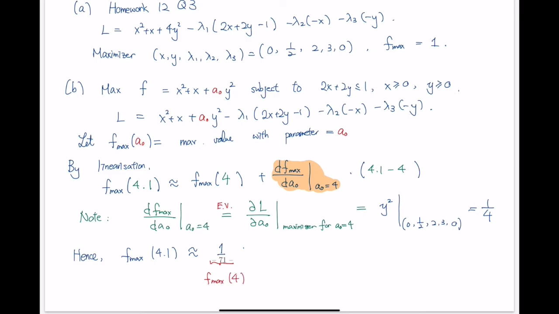And then plus a quarter, which comes from the envelope theorem, times 4.1 minus 4. So at the end, when you simplify it, you get 41 over 40. So this is approximately the new maximum value when you change the parameter of your objective function to 4.1. So that's it.